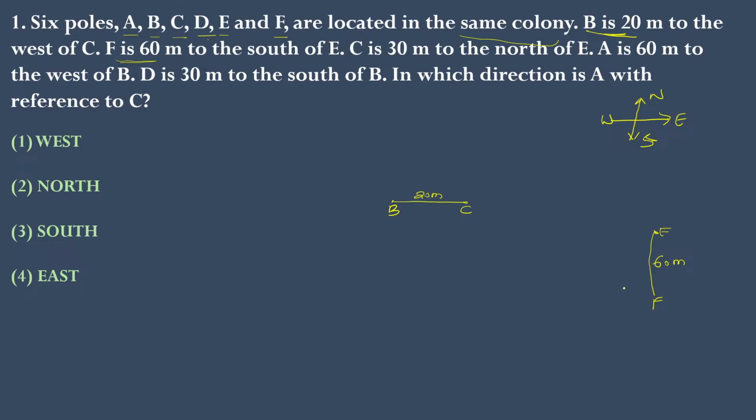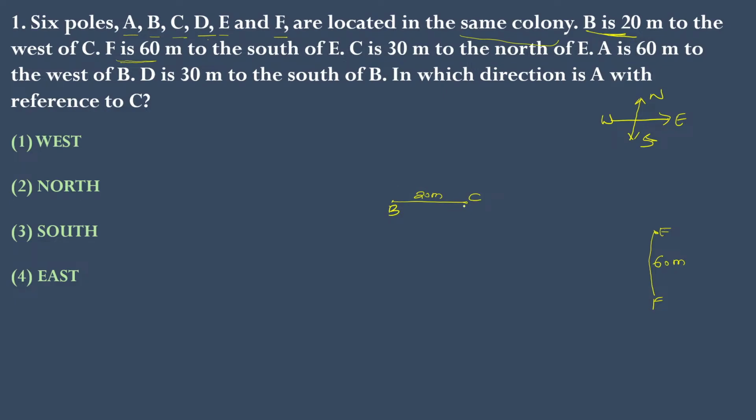Next, see that C is 30 meters to the north of E. Here C is there.